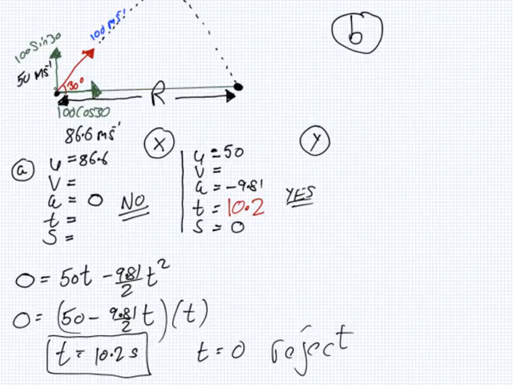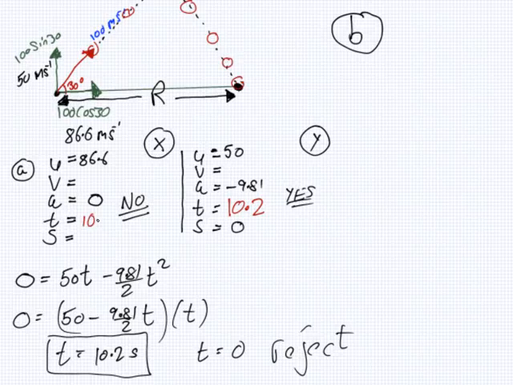How long did it take the ball to go up and come back down? 10.2 seconds. That's the same amount of time it took to go from here to here, because there's only one ball. If it took 10.2 vertically, it takes 10.2 horizontally.